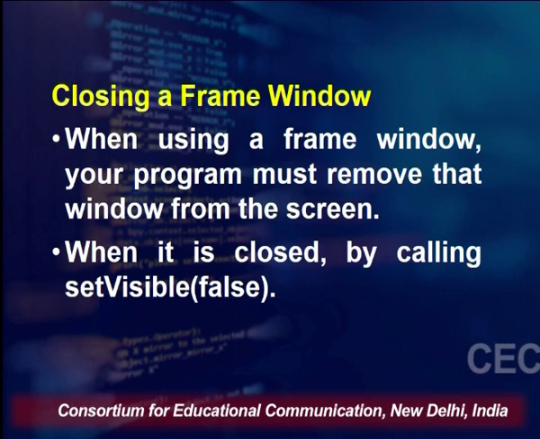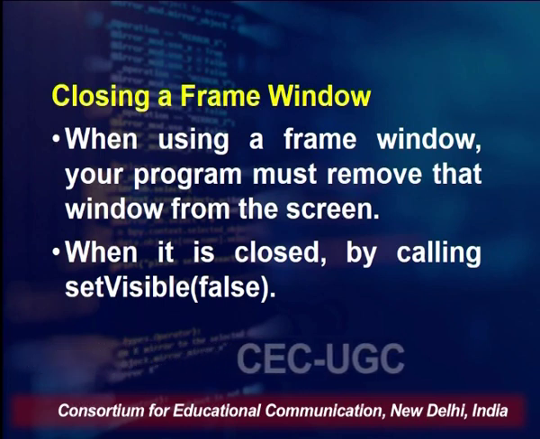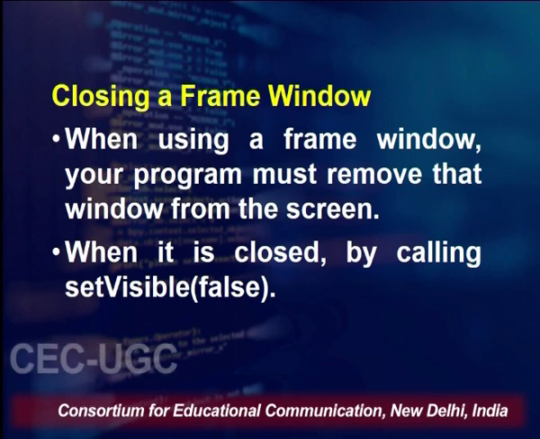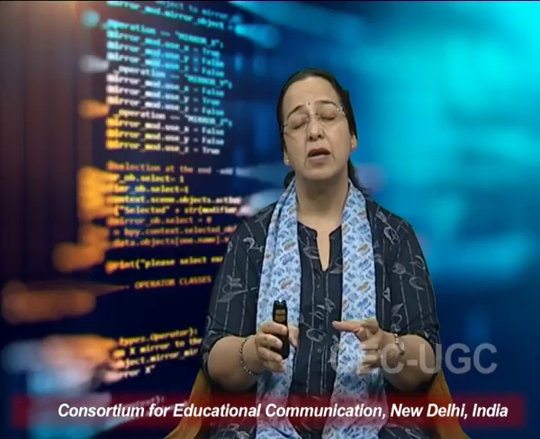So with this kind of background of creation of windows, then managing the titles and sizes, and then closing the windows, I think we are ready to go with one particular program, except a few details which we still need to explore.